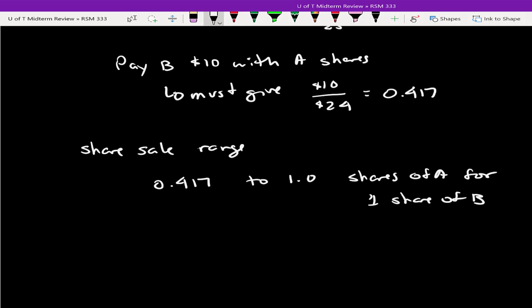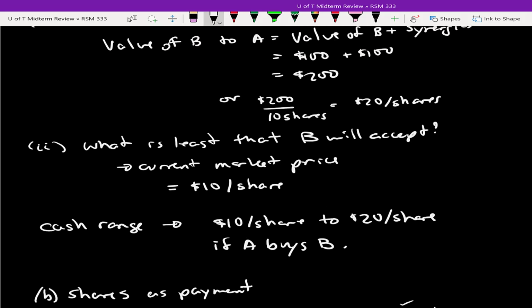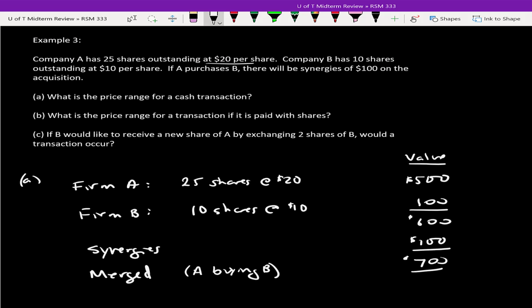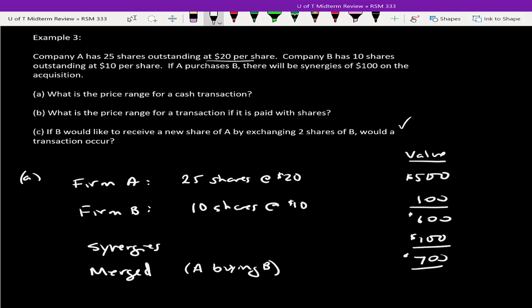And the third question is quite simple once you've done this. All it's asking, let's go back and read it. It's asking, would a transaction occur if B would like to receive 1 new share of A by exchanging 2 shares of B?